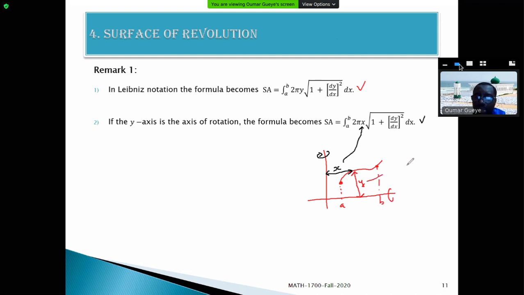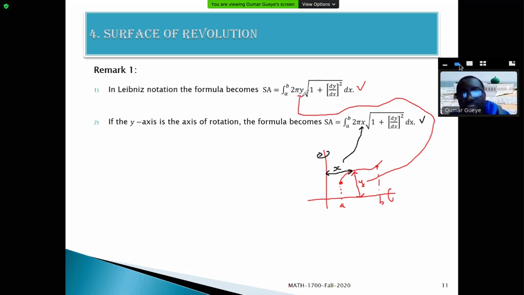The y is used when we have the other situation. That's the difference. Just keep in mind that in front of the square root is the distance between the axis of rotation and the curve, so sometimes it is y or x, depending on the axis of rotation.